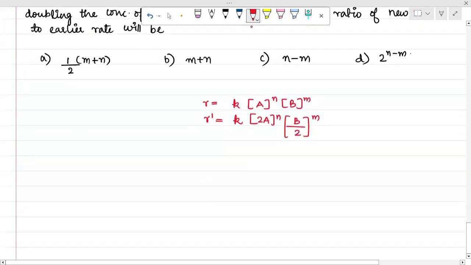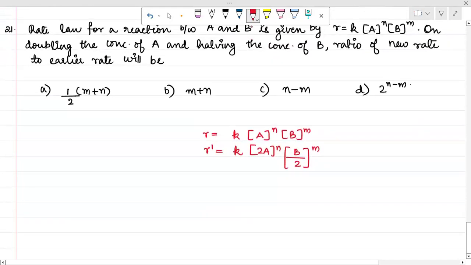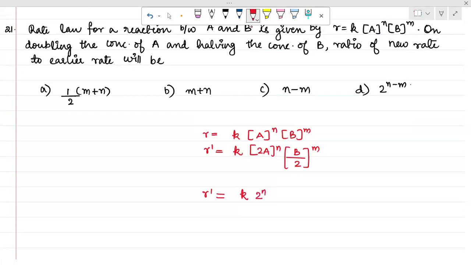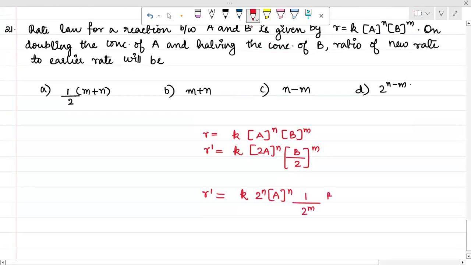Correct? Now you have to find how they are related. So we need to take R prime is equal to K. I'll take 2 to the power n outside, A to the power n, and then I'll take 1 by 2 to the power m outside, B to the power m.